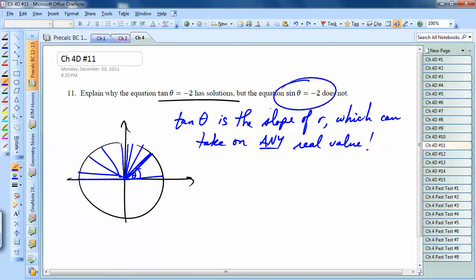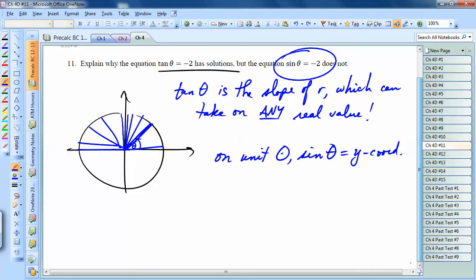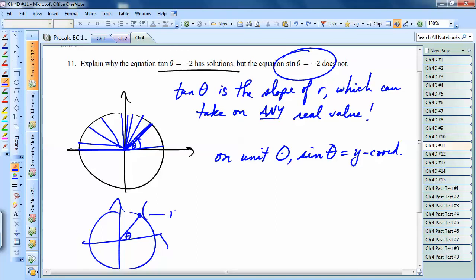right? Whereas sine theta equals negative 2, on the unit circle, sine theta equals the y coordinate, right? Where, to clarify that, if this is theta, then this y value here is sine theta.